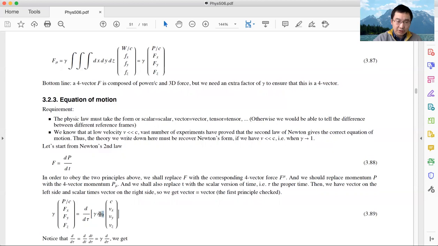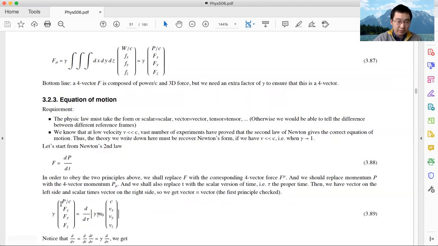However, the coefficient is not a simple mass. The coefficient is the rest mass of the object multiplied by the gamma factor. The first component of this 4D momentum vector is gamma times m0 times the speed of light. The remaining three components are very similar to the momentum Newton told us.